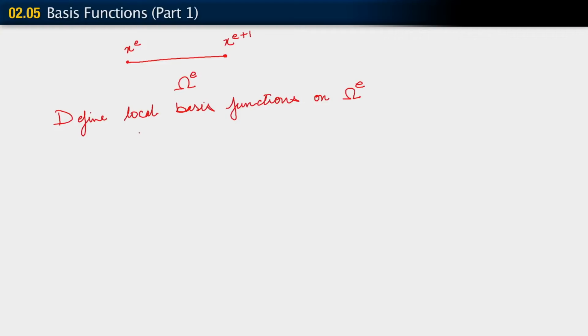So we define local basis functions on omega e, and let me also state that we will define a finite number of basis functions.